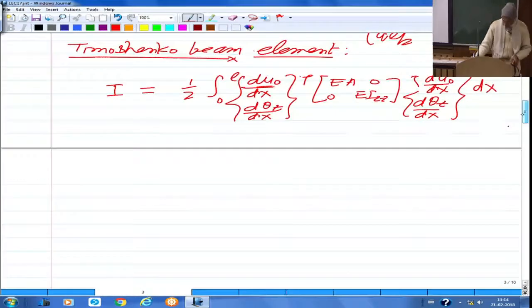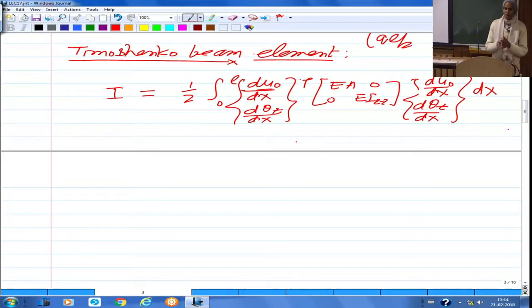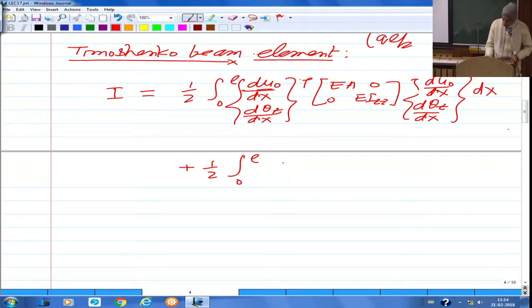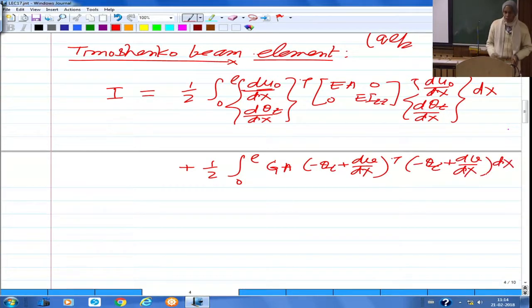So this was one energy term, which includes the strain energy due to stretching of the centroidal axis and bending of the centroidal axis. Plus half of the transverse shear energy that we have written separately, and that was GA into minus theta z plus dv by dx, transpose, into minus theta z plus dv by dx, dx.